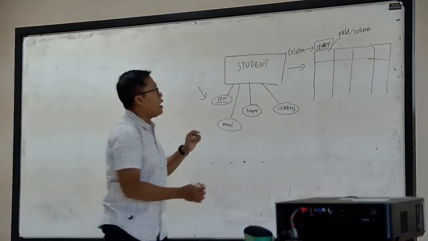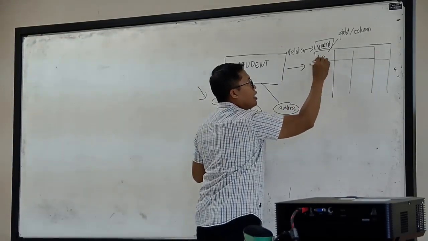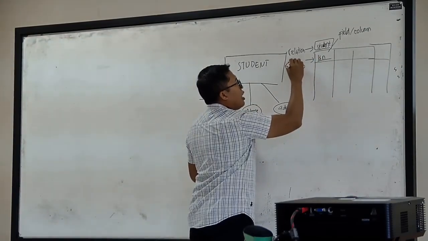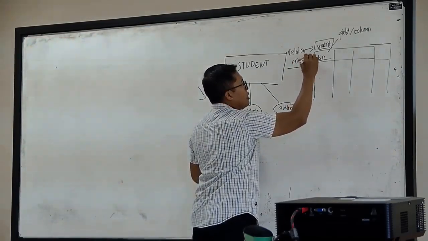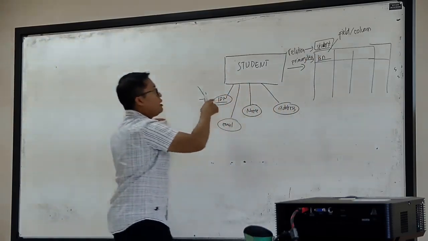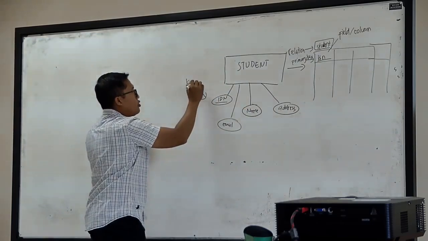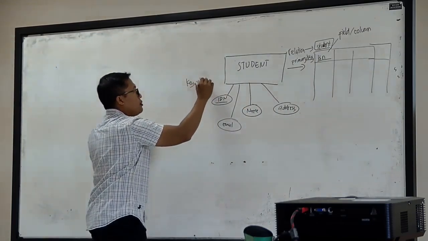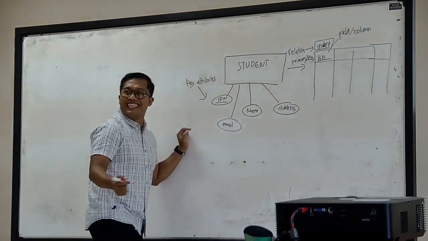Okay, the first one we have IDN. It will be the primary key. But in the ERD, it's called key attributes, right? Yeah. So it becomes confusing.